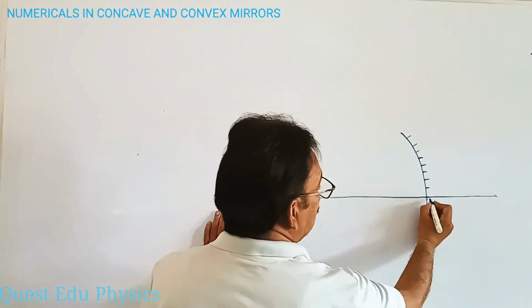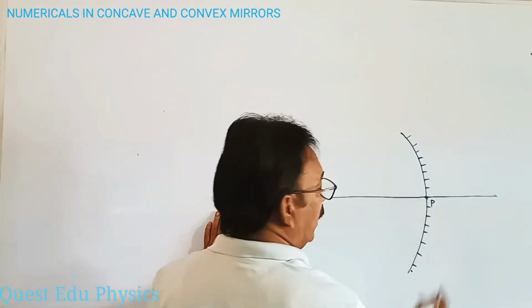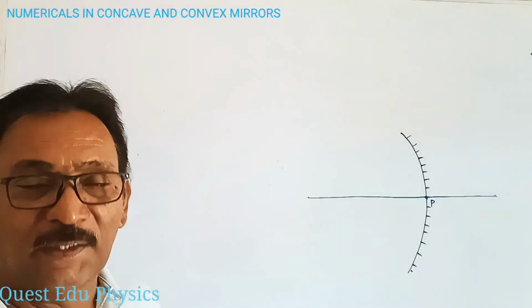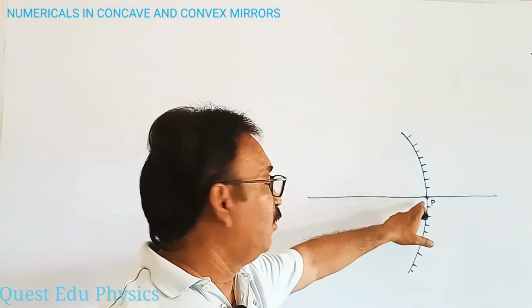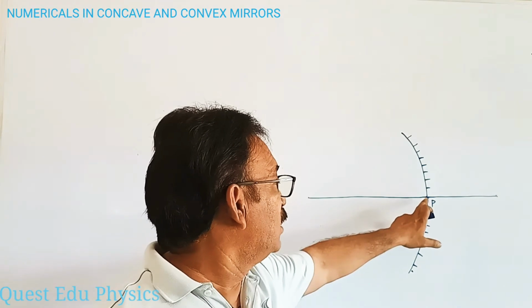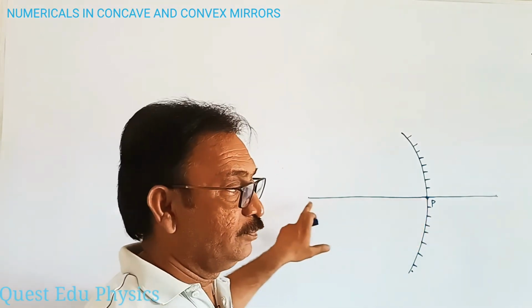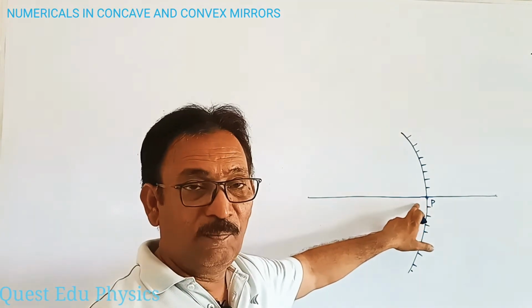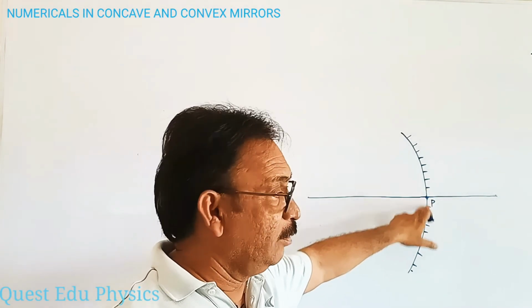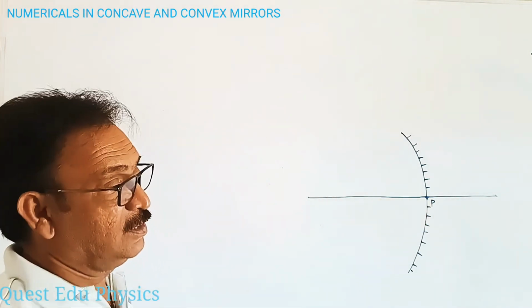Okay, students, it is the principal axis. What is the principal axis here? Principal axis is nothing but the normal which is drawn from the center of the mirror, perpendicular to the mirror, students.